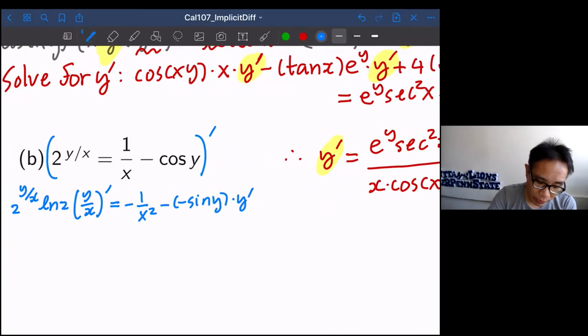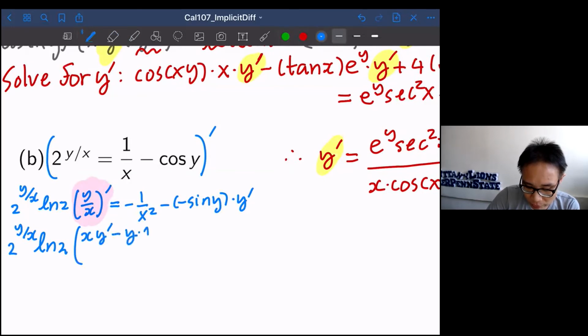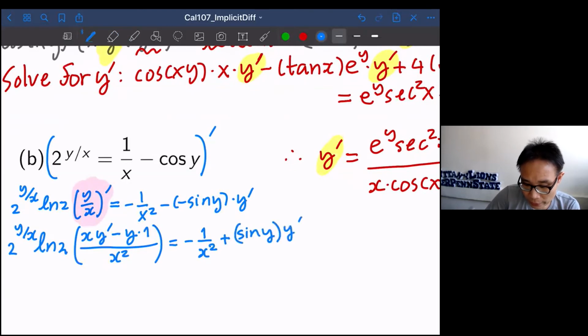So in this case, you get 2^(y/x) log 2, and you differentiate y over x, so you would get the bottom times the derivative of the top minus the top times the derivative of the bottom, over the bottom squared. And you get negative 1 over x squared plus sine y times y prime.